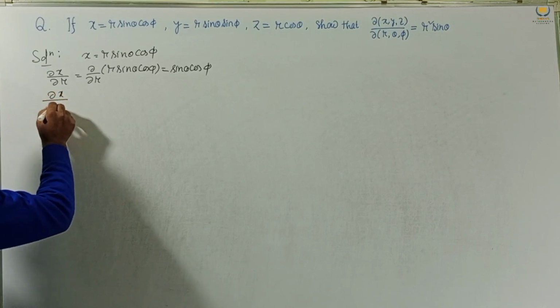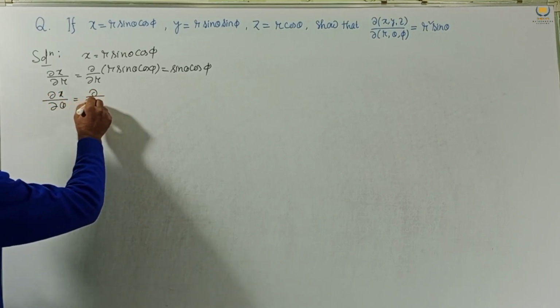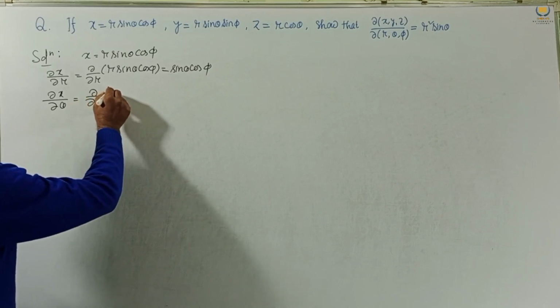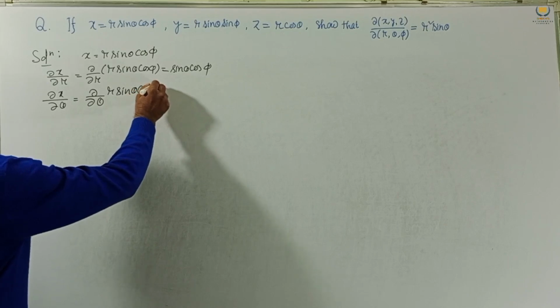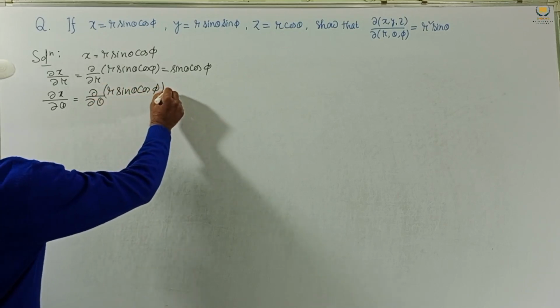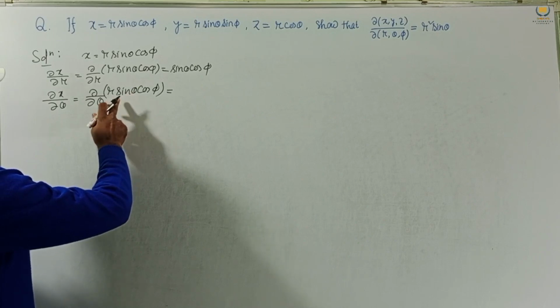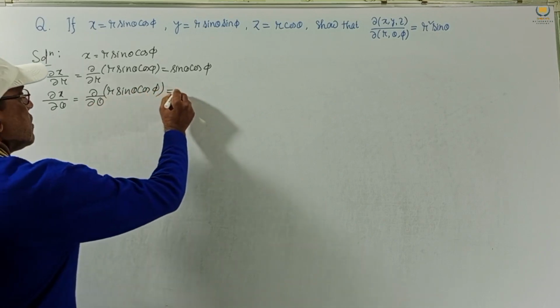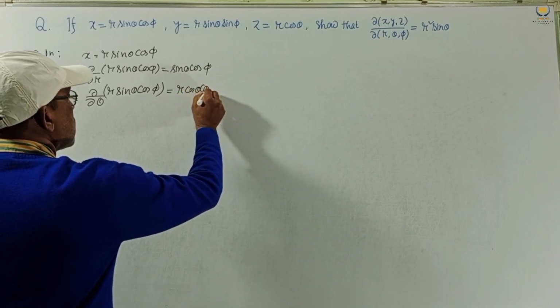Del x by del theta: del theta of r sin theta cos phi, the derivative of sin theta is cos theta, so we get r cos theta cos phi.